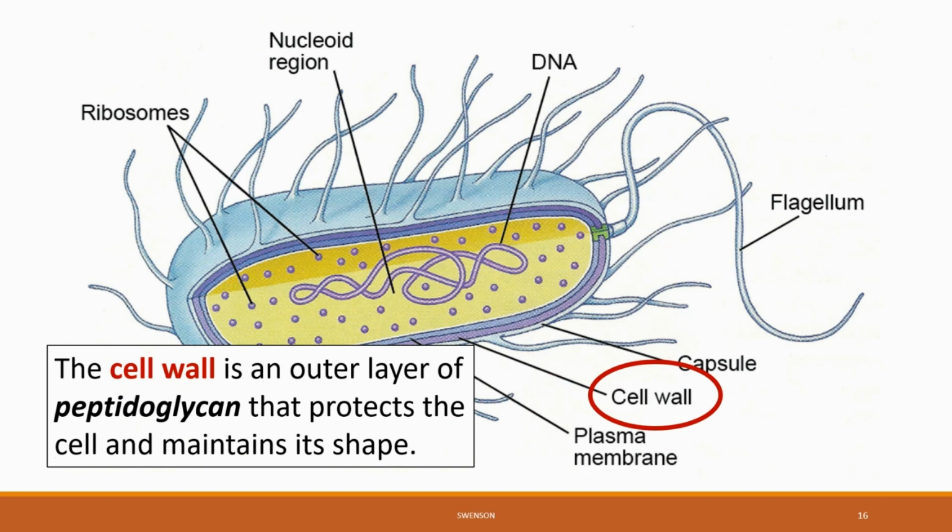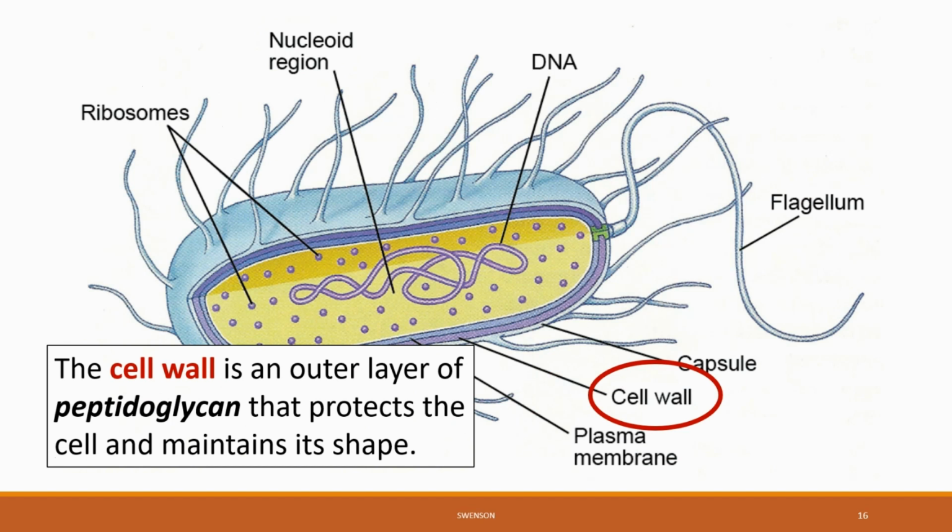The cell wall is a special outer layer of the prokaryotic cell. It is made of a substance called peptidoglycan. Peptides are just small proteins, and the root word glyco and gluco means sweet, as you may have heard of glucose, glycemic index, or glycogen, and these words are all related to sugar.